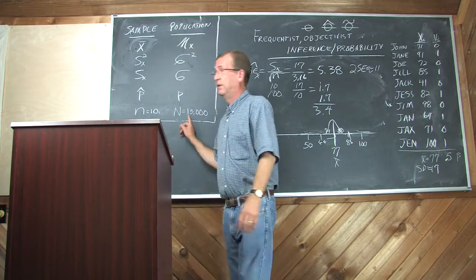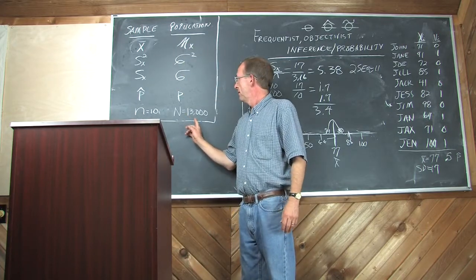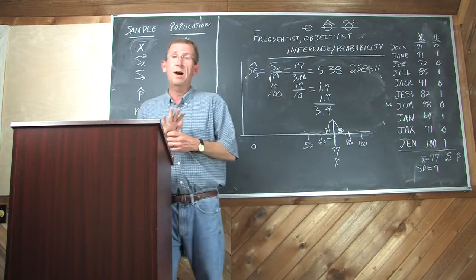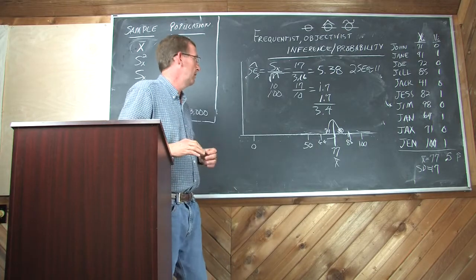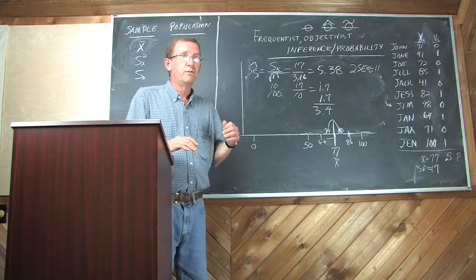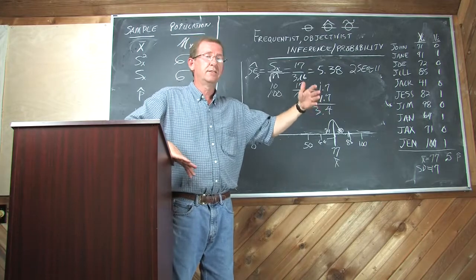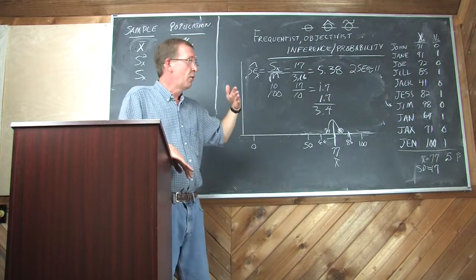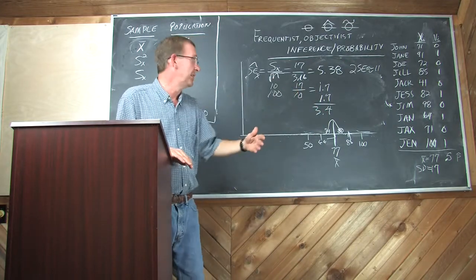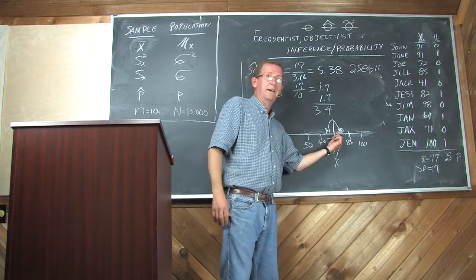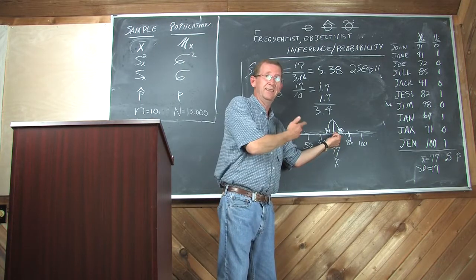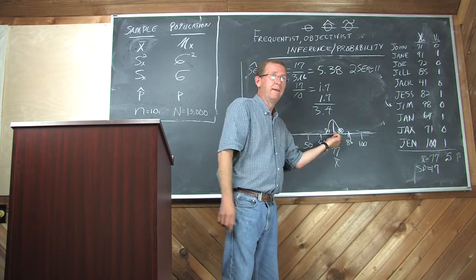So we had here hypothetically a population value of 13,000. Well, if we did 13,000 x bars or 100 million x bars, we would never shrink our estimate of what's known as, and now this is it, the sampling error around the mean.